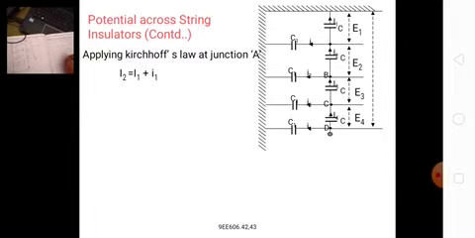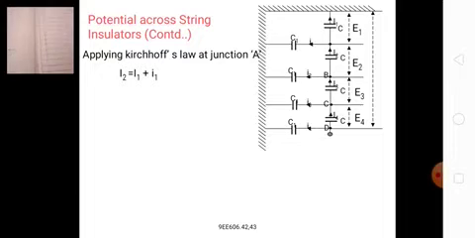We know I2 is W C into E1 into 1 plus M, plus W C into E1 into 2 plus 1 by M. So that is W C E1 into 3 plus M plus 1 by M. So we get the value of I3, that is, I3 is equal to W C into E1 into 3 plus M plus 1 by M.